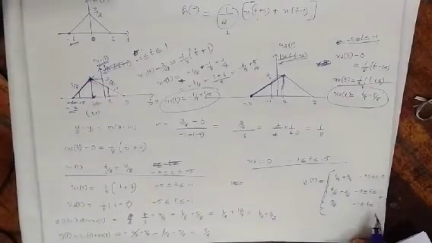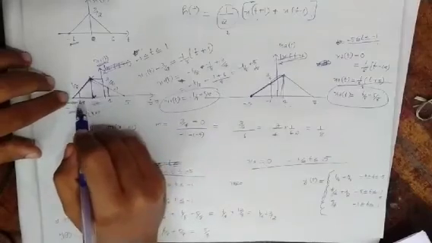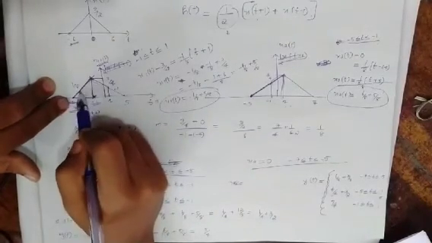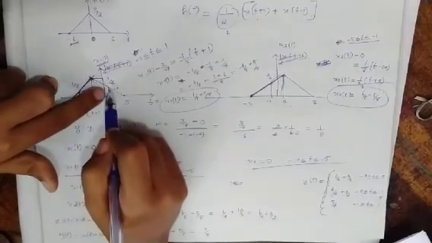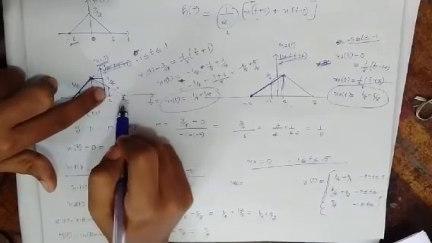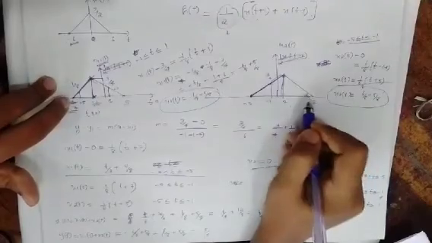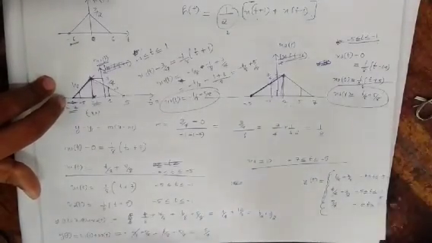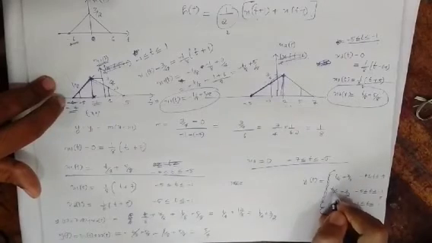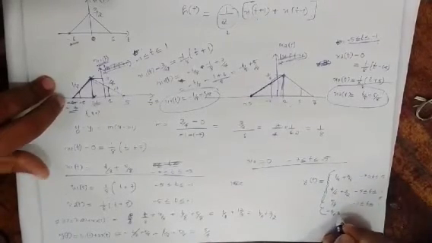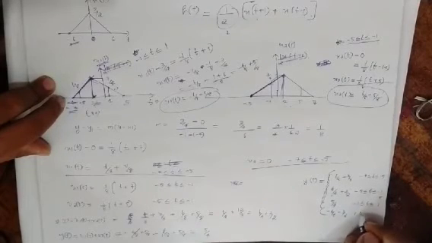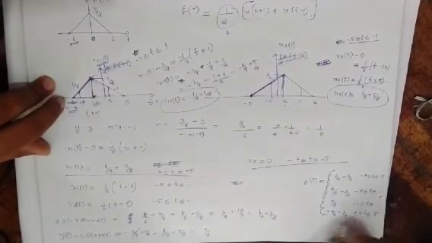But from minus 5 to minus 1 it was an increasing slope, and from 1 to 5 it is a decreasing slope. So there won't be any other change, but the slope will be decreasing. That is minus t by 4 plus 3 by 2, for 1 less than or equal to t less than or equal to 5.